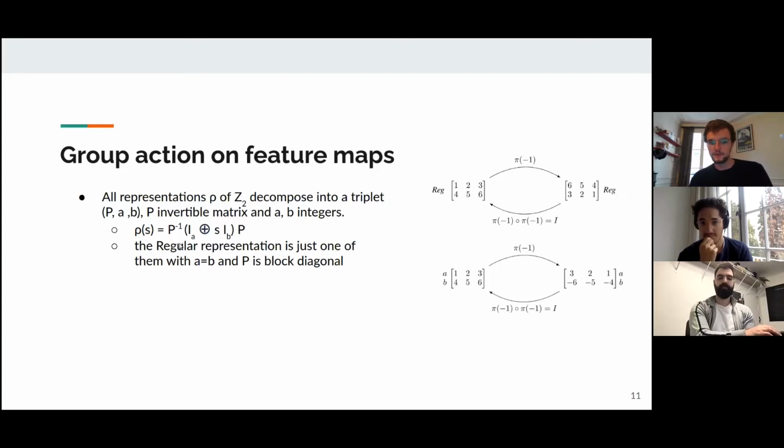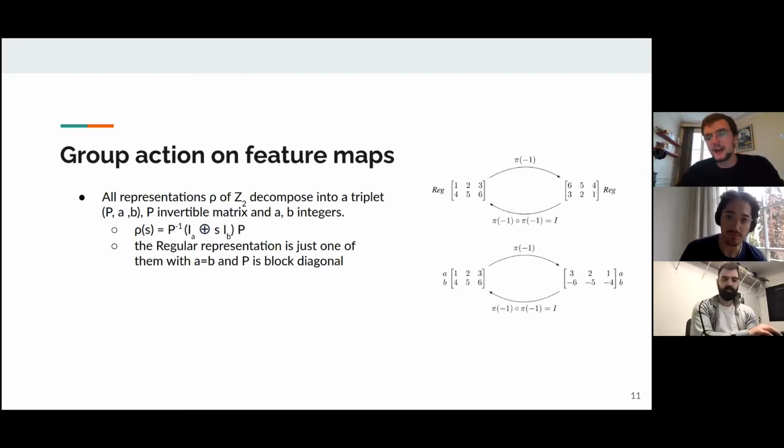So that's what I mentioned here: the regular representation, which is a permutation, is just one example where you have A equals B, like before, because one dimension was stable and the other one changed. And P is block diagonal because you choose the dimensions that you pair and you make the correct rotation so that your vectors fall in between the dimensions that don't change and the dimensions that change.